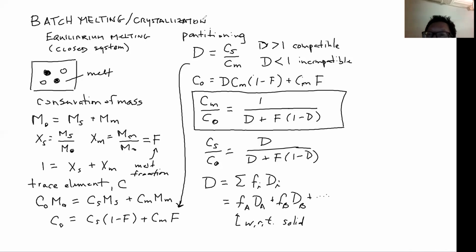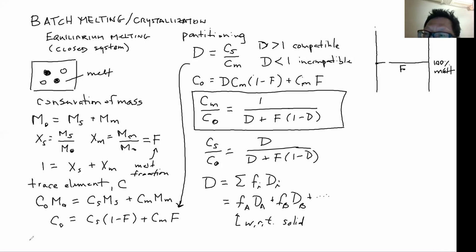Now, we can look at how this behaves. I'm going to make a plot here of this F right here. Over here would be 100% melt.